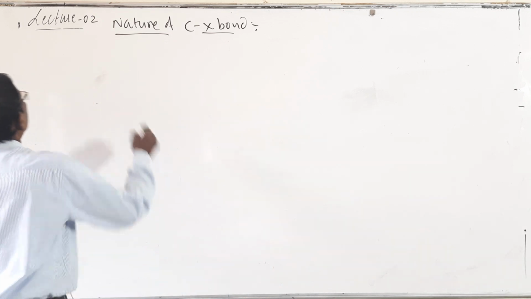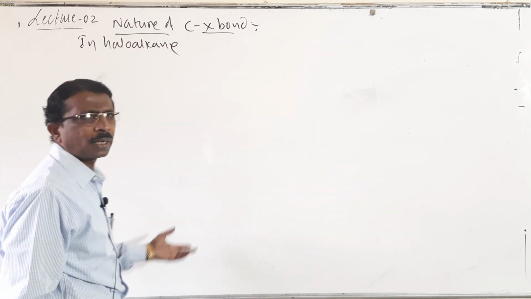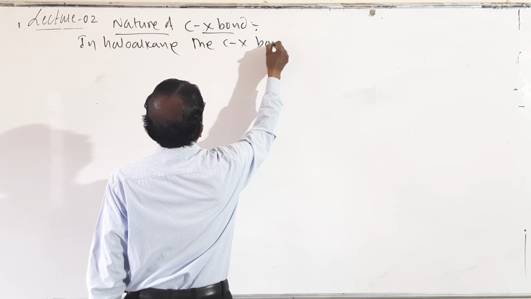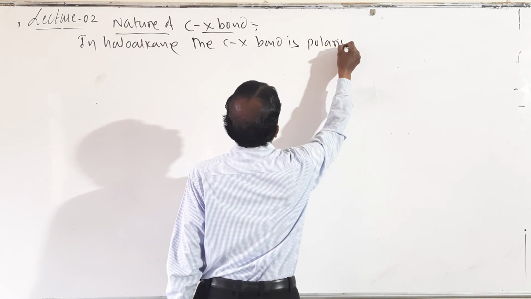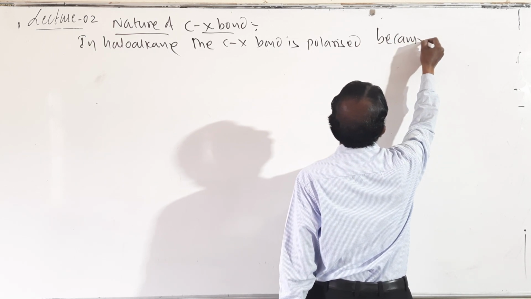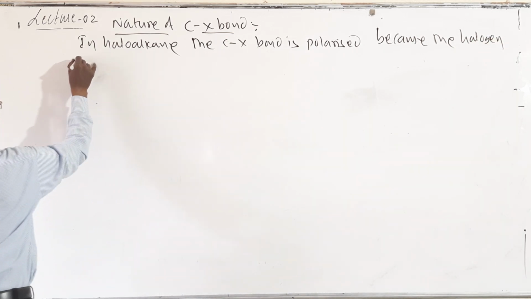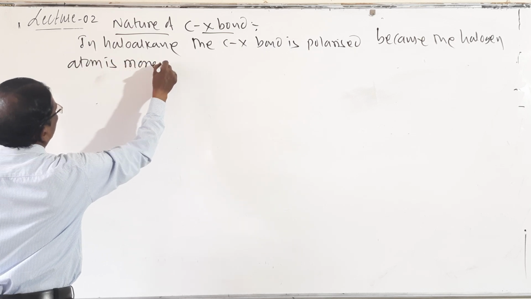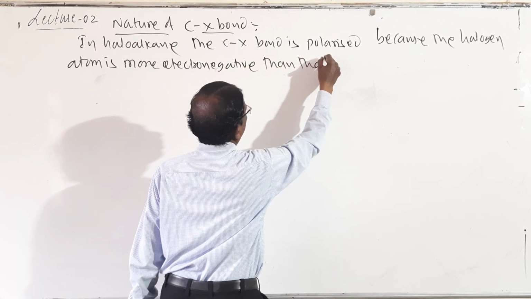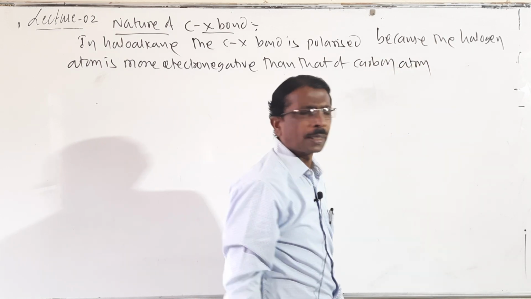So here, in haloalkane or alkyl halide, the C-X bond is polarized because the halogen atom is more electronegative than the carbon atom.